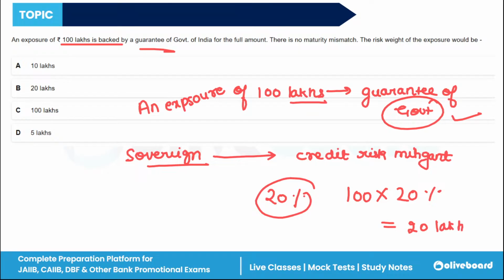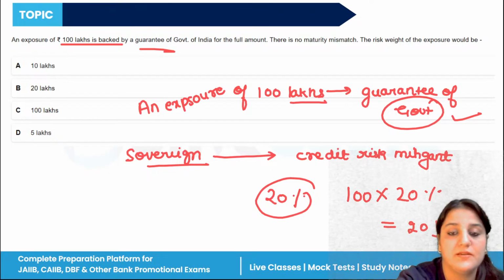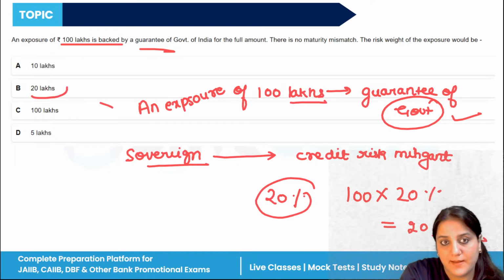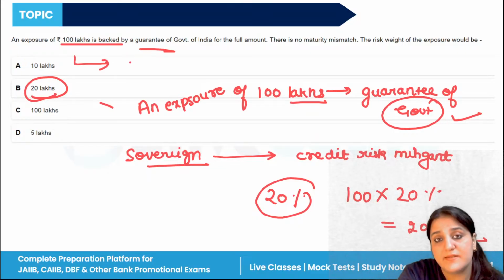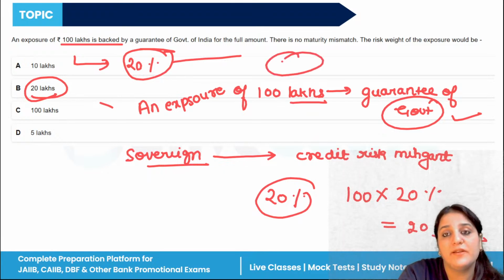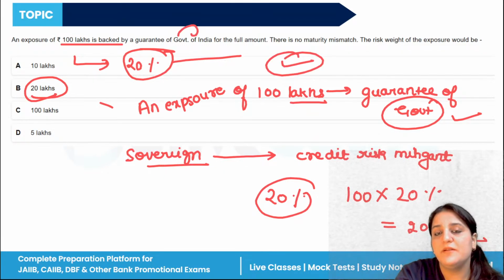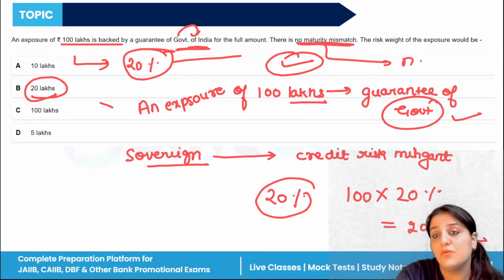So option B is correct here, which is 20 lakh. We got the answer because in a government security situation there is no maturity mismatch and there is no loss.